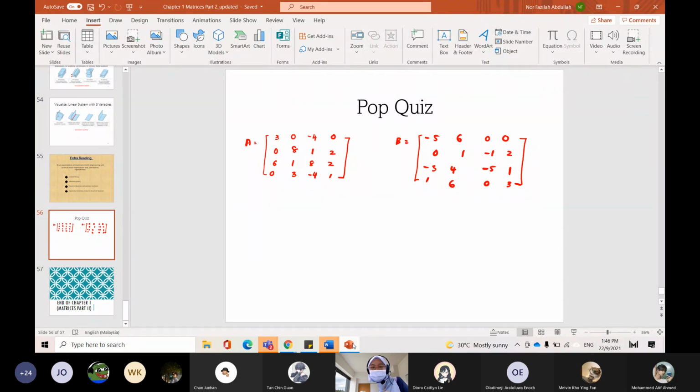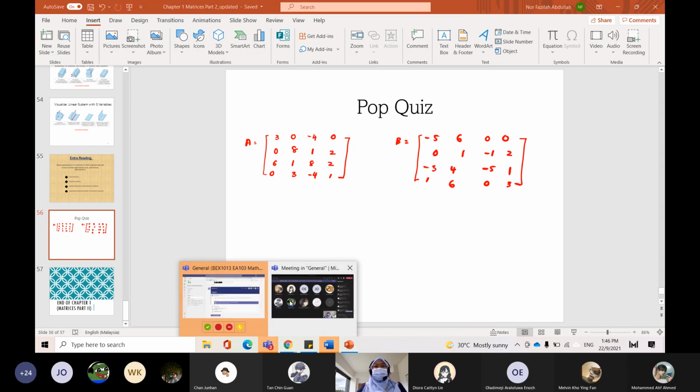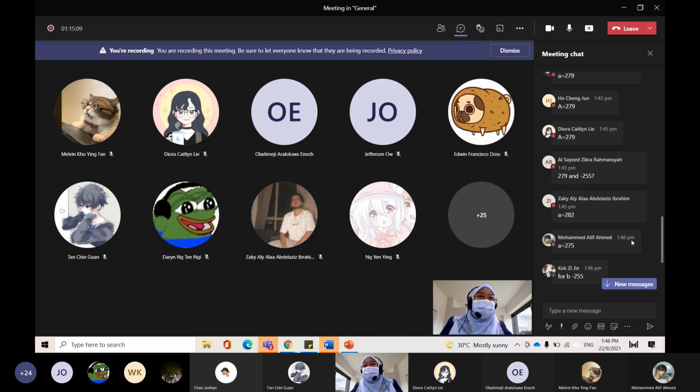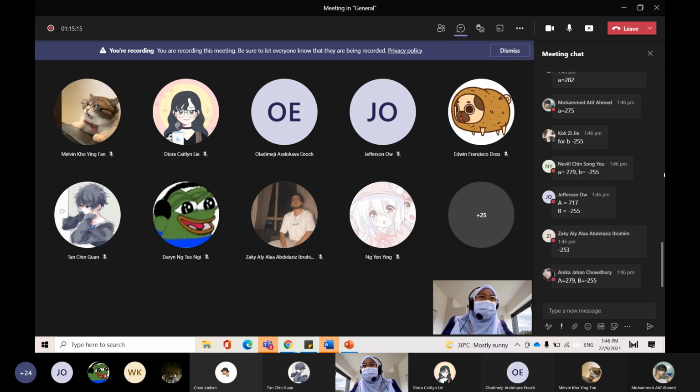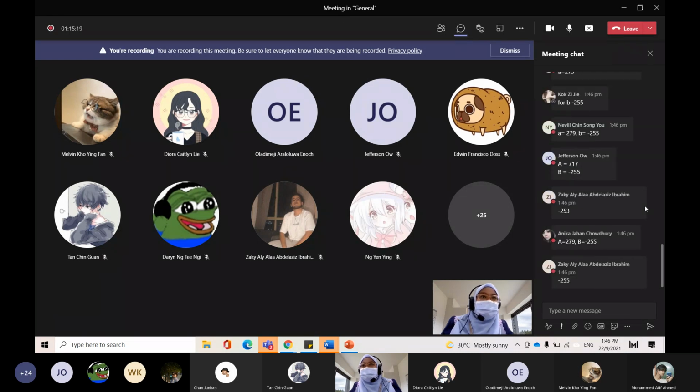Write down the answer for A and B together. Okay, I check. Let's see who gives the correct answer. The fastest one with the correct answer.